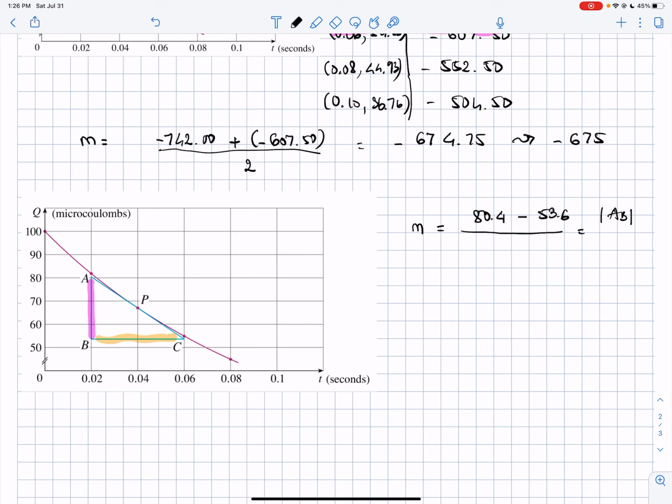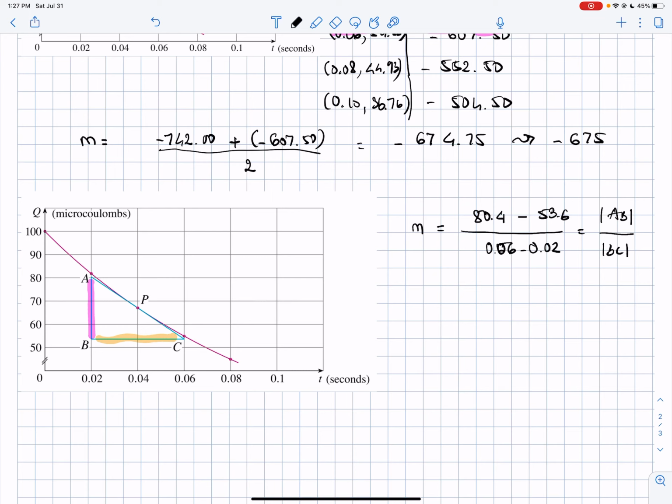Then in the bottom we have BC. So we're going to take 0.06 minus 0.02, and that is the length BC. Both of them are positive.